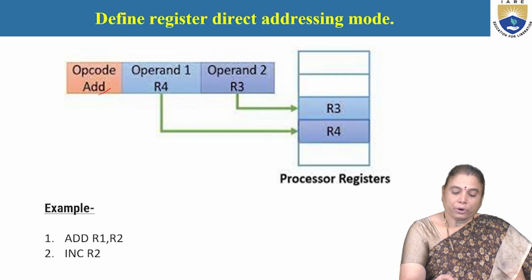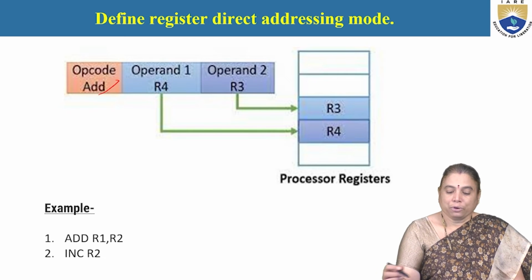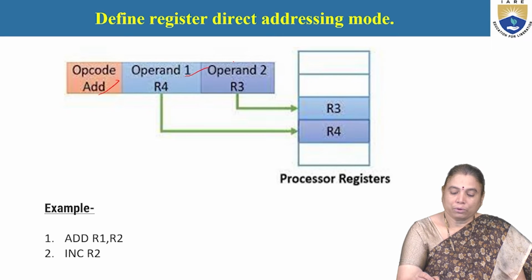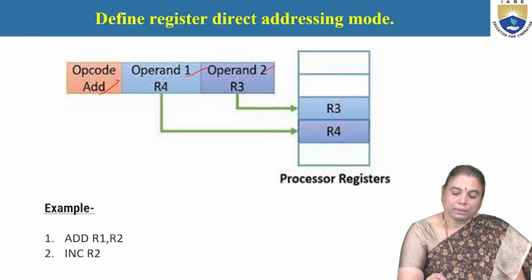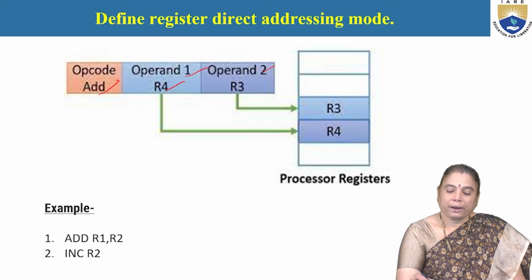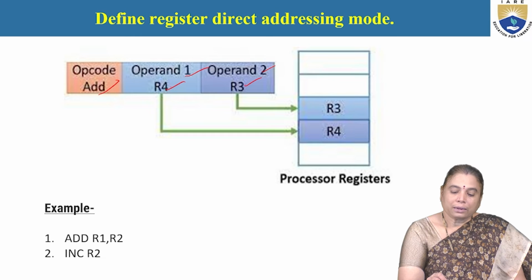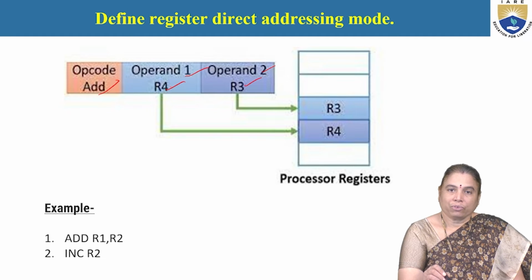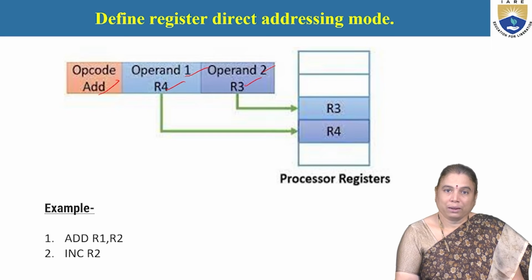Here, the opcode specifies the micro operation ADD, and the two operands, operand 1 and operand 2, are specified with the help of CPU registers. Operand 1 is available in the R4 register, and operand 2 is available in the R3 register. The register R4 stores the value that specifies the address of the memory location where the operand is available.